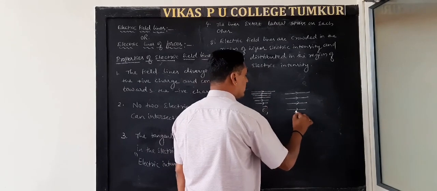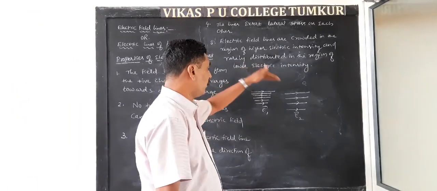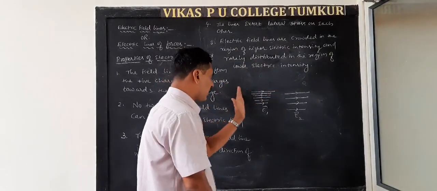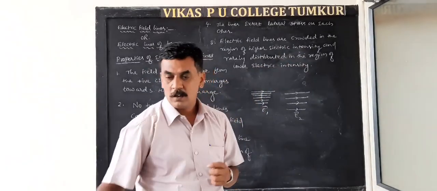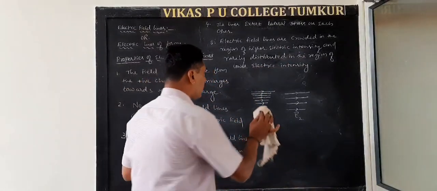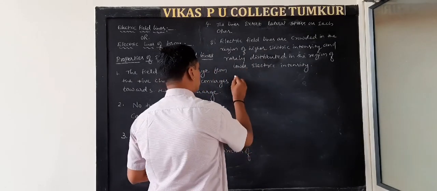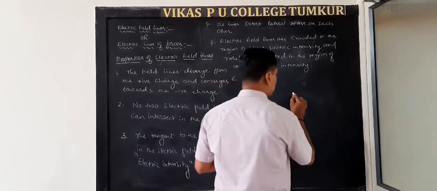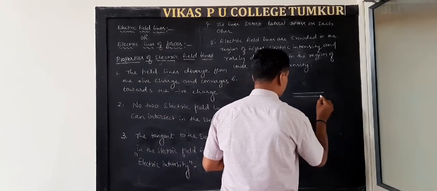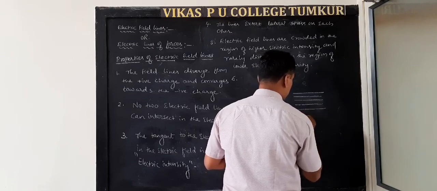Now you can say which is the stronger electric field and which is weaker, using this property. Now somebody is asked to draw an electric field, and they represent the electric field like this. So this is an electric field.